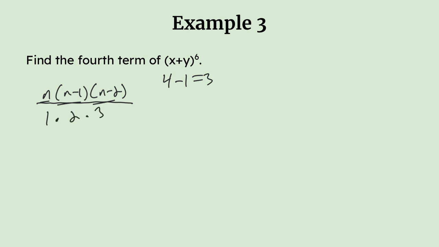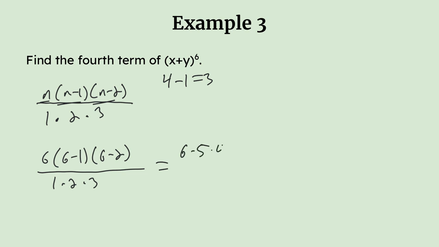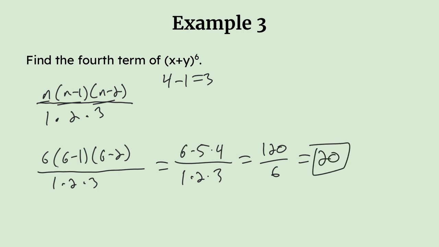So 6 is our n value, so you have 6, 6 minus 1, 6 minus 2 over 1 times 2 times 3, 6 times 5 times 4 over 1 times 2 times 3. So on top, you get 120. On bottom, you have 6, which would get you a coefficient of 20, which you check on Pascal's triangle, matches up.